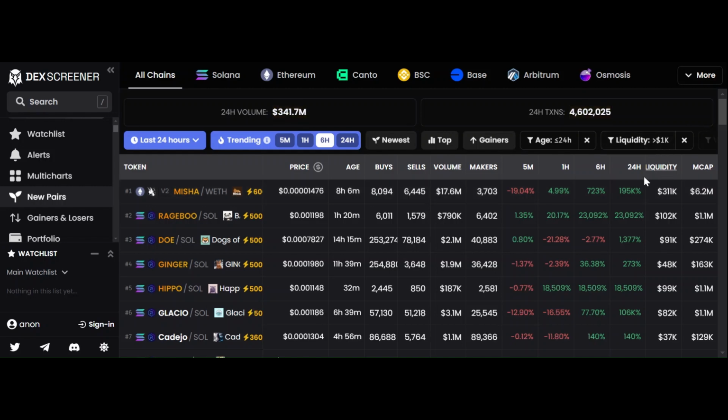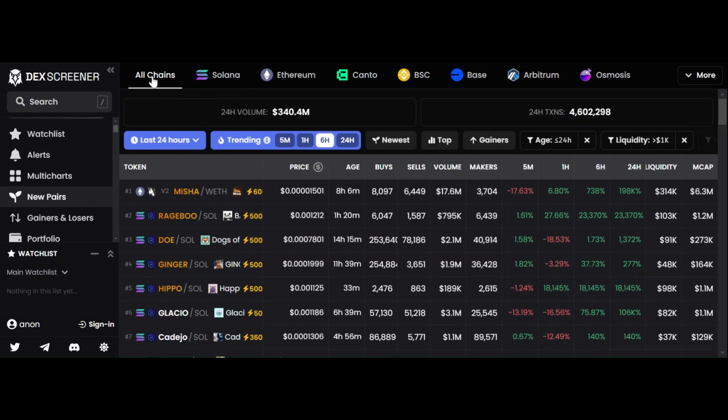So the liquidity here is less than 10% of the market cap, around 5%, so it's still relatively fair. This one is like 10% of the market cap, so this has good liquidity. This also has good liquidity, but that's enough about liquidity.